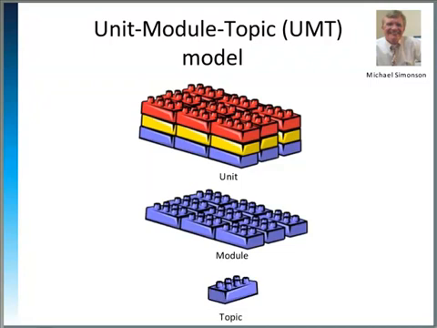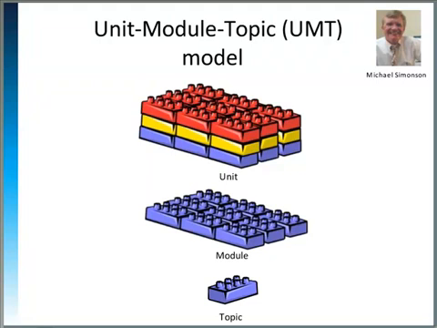In Simonson's UMT model, each topic is one learning outcome. These topics are essentially the building blocks of a course. This is one very logical way of designing a course, and it allows you to see the structure or interrelationships of the topics at the module level and the modules at the unit level. This is one model of instruction at the macro or course level.